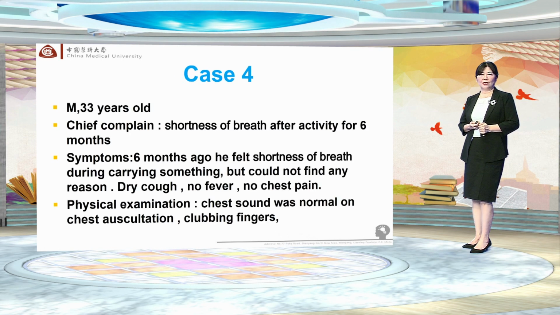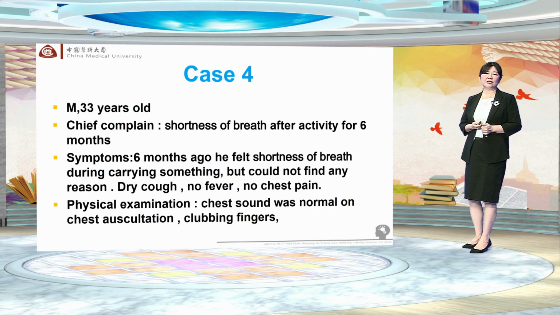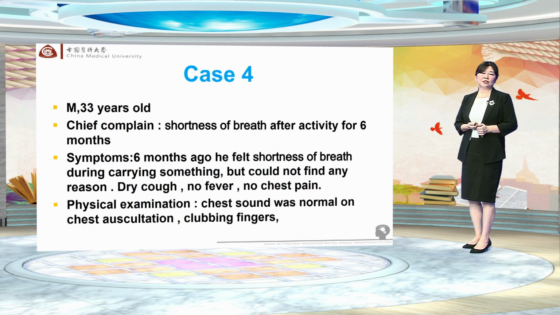Case 4, male, 33 years old. The chief complaint was shortness of breath after activity for 6 months. Six months ago, he felt shortness of breath when carrying something, but could not find any reason. Dry cough, no fever, no chest pain. For the physical examination, the chest sounds were normal on auscultation, and no clubbing fingers.